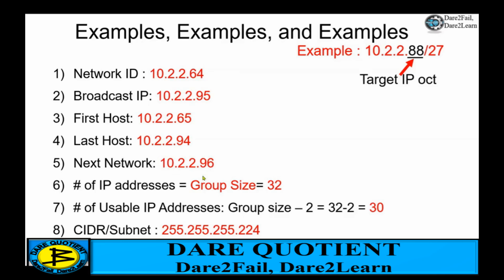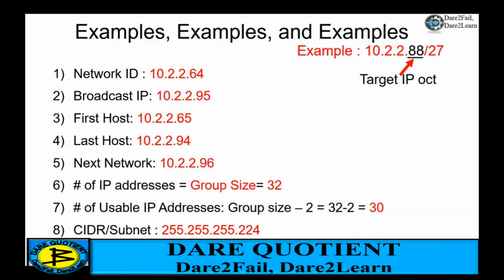From there, we know we can find our broadcast IP. Our broadcast IP is 1 IP less than the next network. So it's 10.2.2.95.